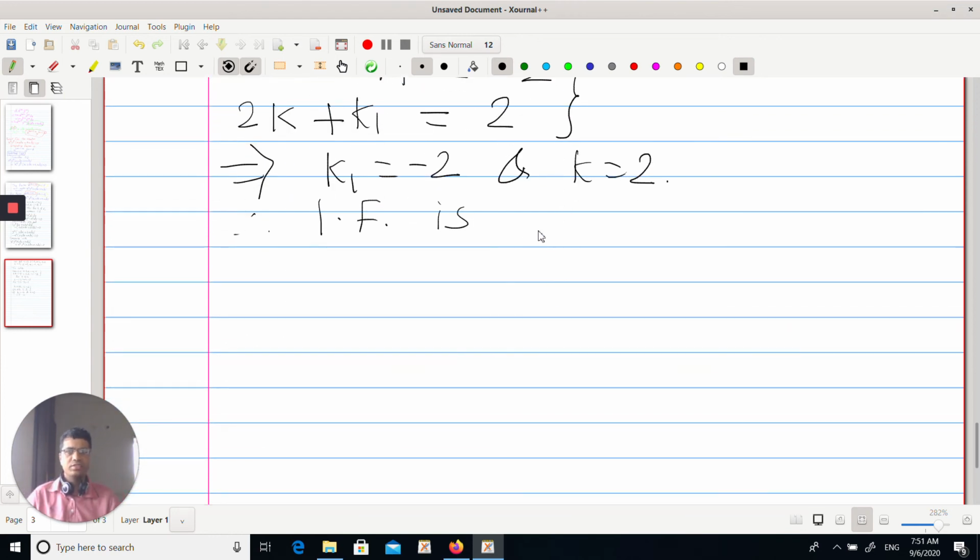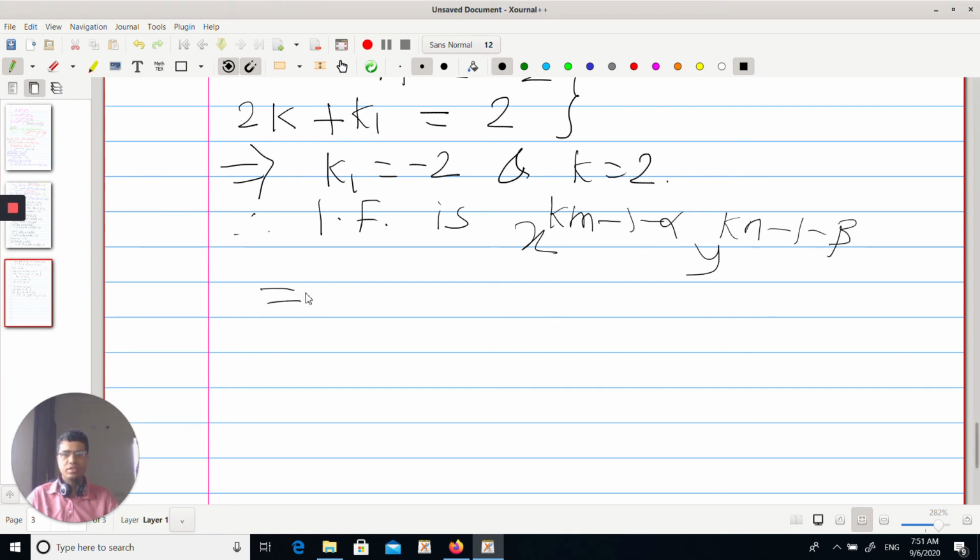The integrating factor is x raised to km minus 1 minus alpha, y raised to kn minus 1 minus beta.